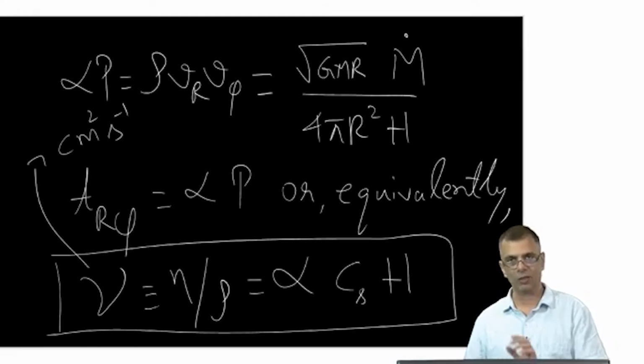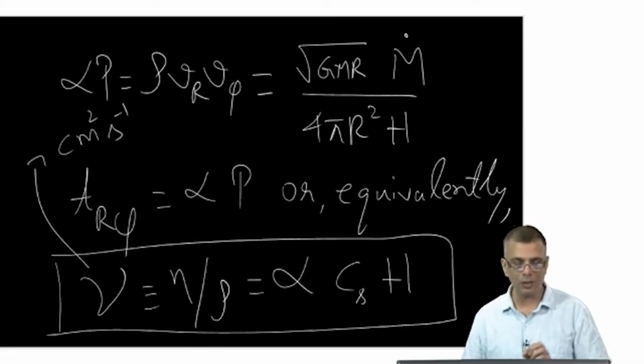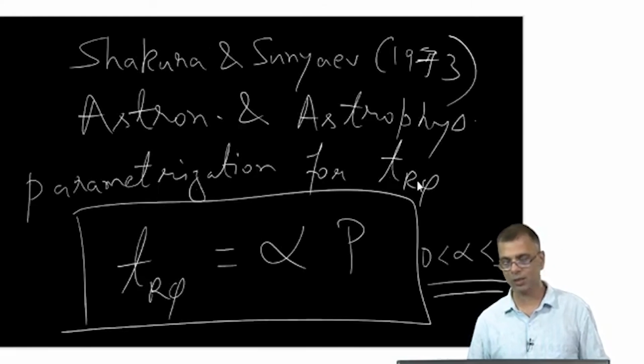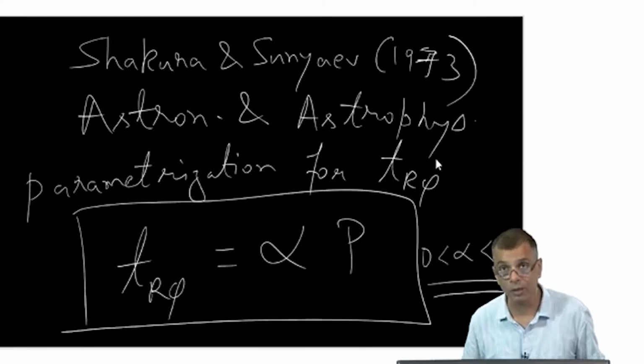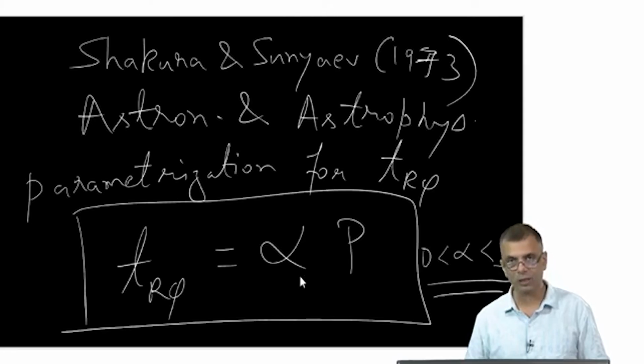One of the main reasons we discussed this was to introduce the famous Shakura-Sunyaev parameterization for the r phi component of the viscous stress tensor, and that is this. And this is where the all important viscosity parameter alpha is introduced, and alpha is always between 0 and 1, and we've discussed what this means, right?